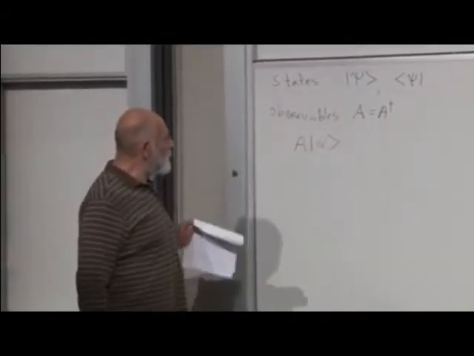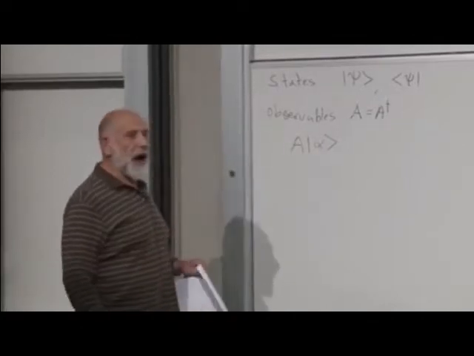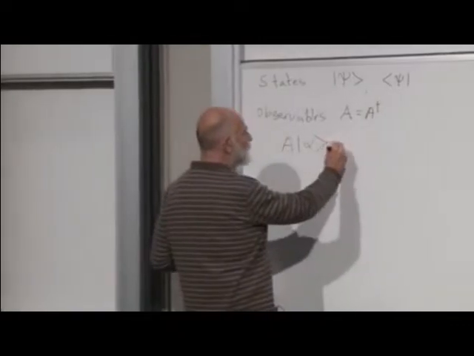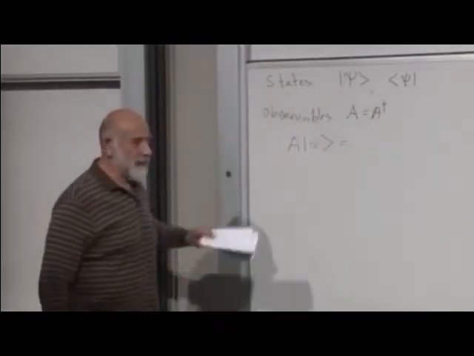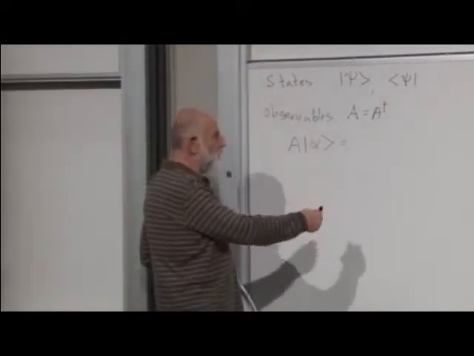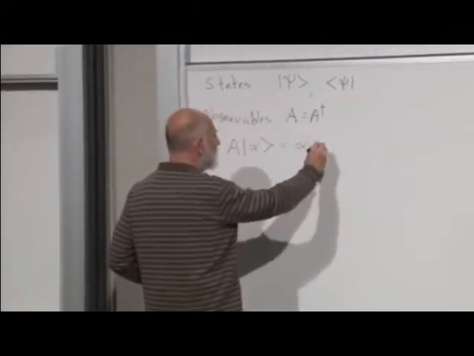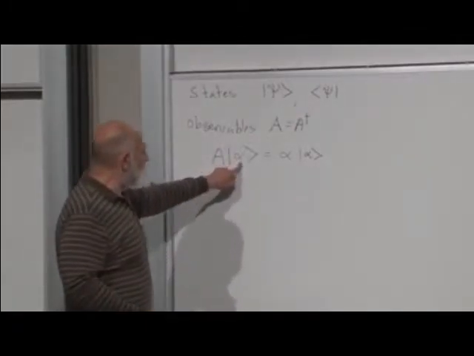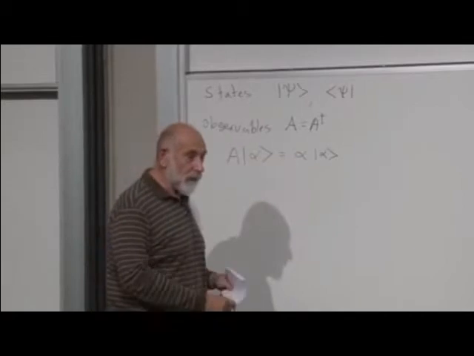A, being an operator, can act on alpha, and alpha is an eigenvector of A if the action of A is just to multiply the vector alpha by a number. I'll use a redundant notation, the same notation for the eigenvalue and the eigenvector. This says that the eigenvector alpha is an eigenvector of A with eigenvalue alpha.